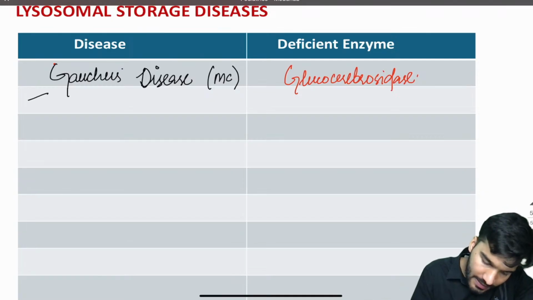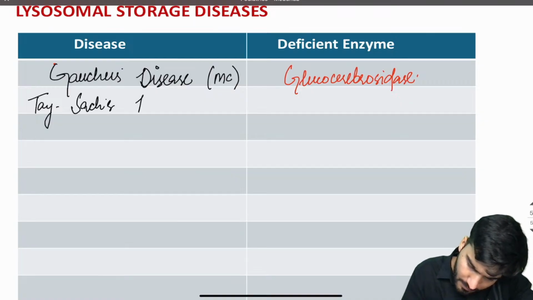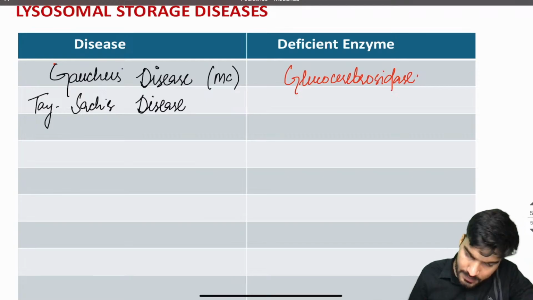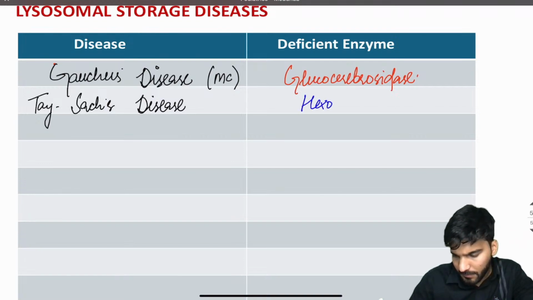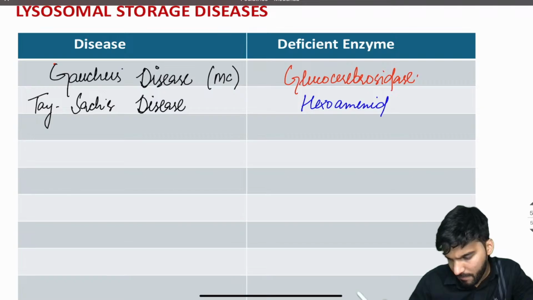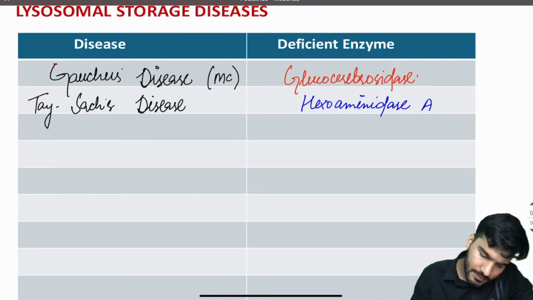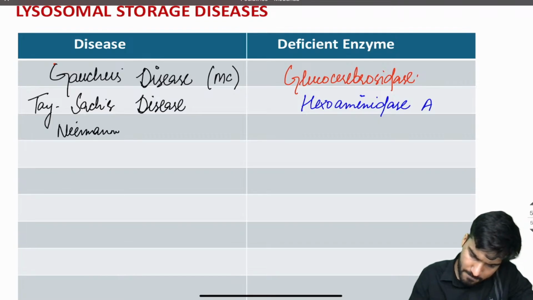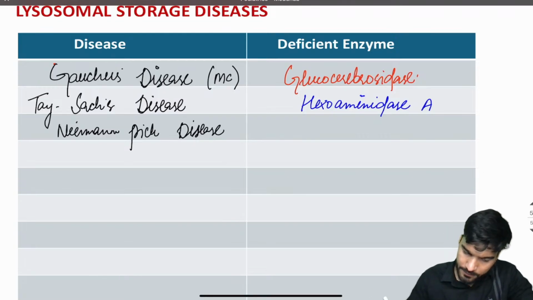Next one, we have Tay-Sachs disease. In Tay-Sachs disease the enzyme deficient is hexosaminidase A. Next we have Niemann-Pick disease, where we have sphingomyelinase.